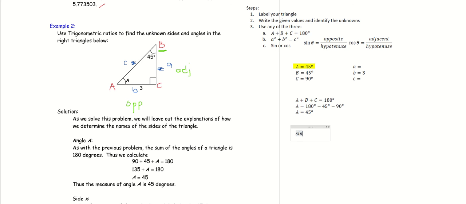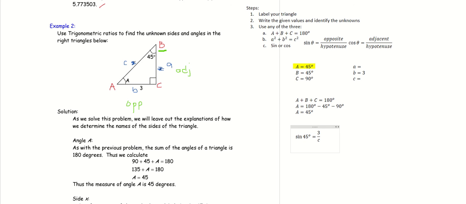So, we have sine theta, may value na pala, sine 45 equals opposite, which is 3, divided by the hypotenuse is C, kasi wala pang value.